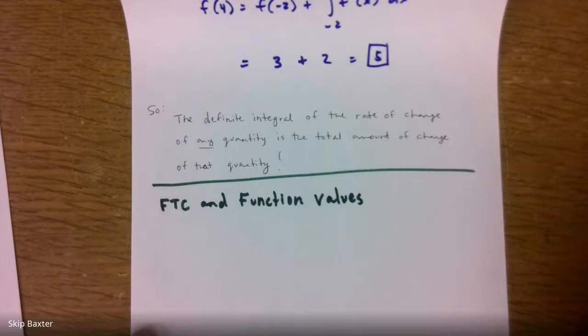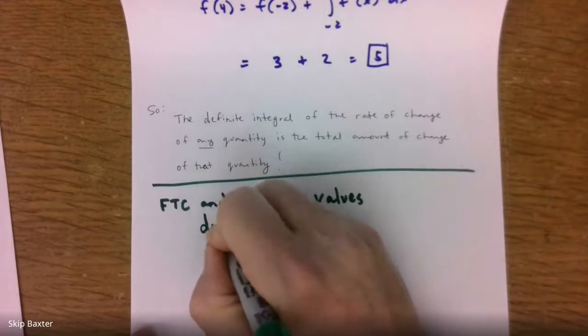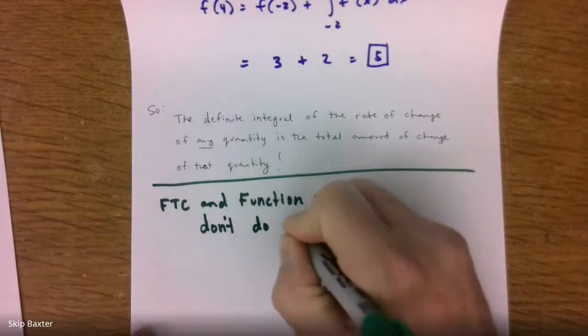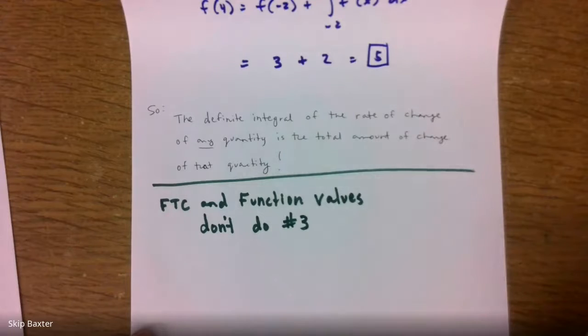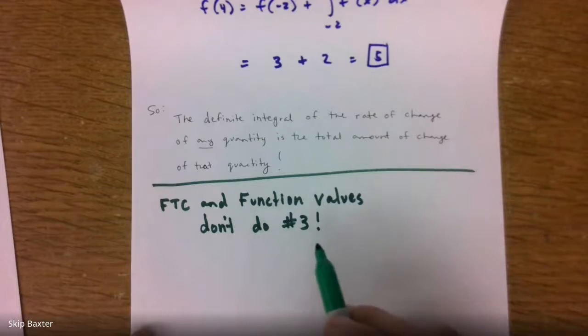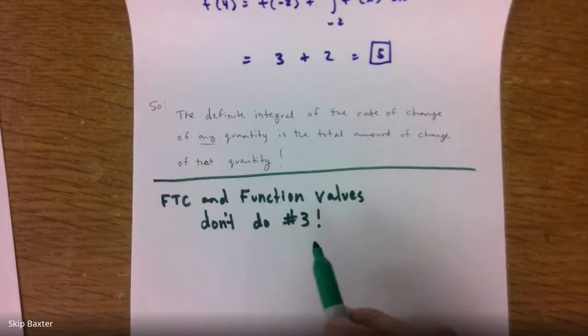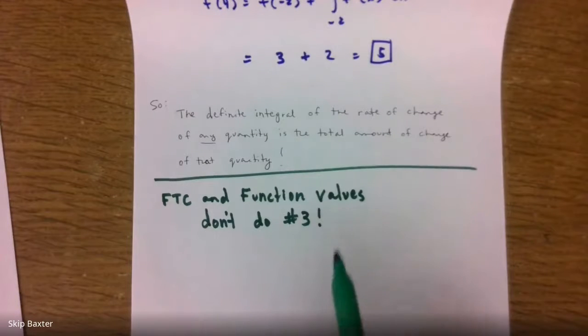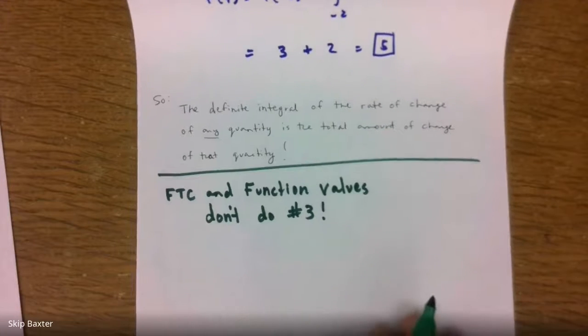And for this handout, don't do number 3. You won't be able to do it because it involves a topic that we're not going to talk about until next week. This is an old handout that I made up, and I used to do things in a little bit different order. So don't do number 3. It involves something called Riemann sums, which we haven't really talked about what that is yet. But we'll come back to it. You'll be able to do it eventually.